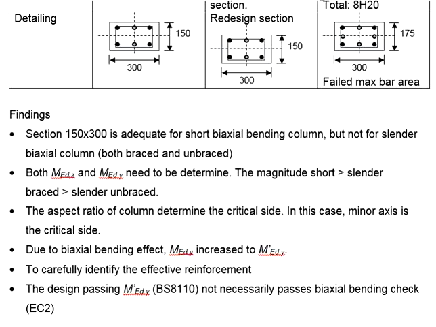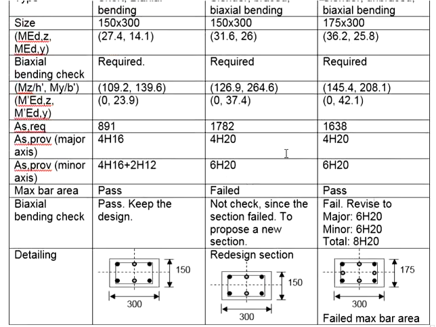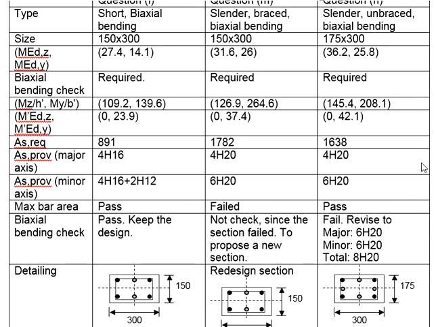Now, if you look at the calculations, the method used to determine the critical side is on the basis of the ratio of the moment versus the effective depth. That means the moment is another aspect that can influence which side will be more critical.